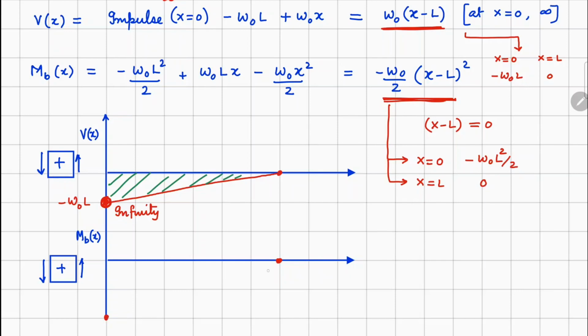So we can start from here to here, and since it's a parabola with peak at x equals L, this is how the curve is going to be. So this is the bending moment diagram, and this value right here is minus W naught L square divided by 2. So that's how the shear force and bending moment diagram comes using singularity functions.